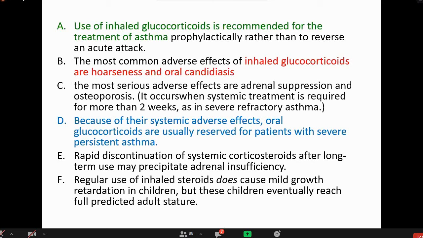And we can avoid this adrenal suppression problem by tapering the dose. What does tapering of the dose mean? Suppose a patient is taking glucocorticoids for a long time; we are not going to stop the therapy abruptly or suddenly.